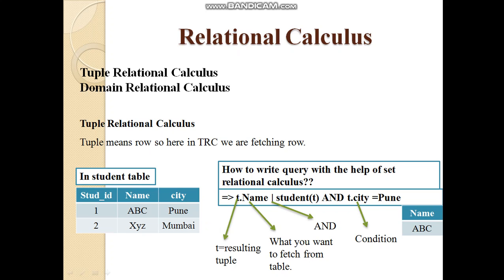T is the resulting tuple, and again T is a resulting tuple. City is equal to Pune. This is the condition, that means those students who live in Pune city, I want to fetch the name of those students. This is how you can write it with the help of tuple relational calculus.